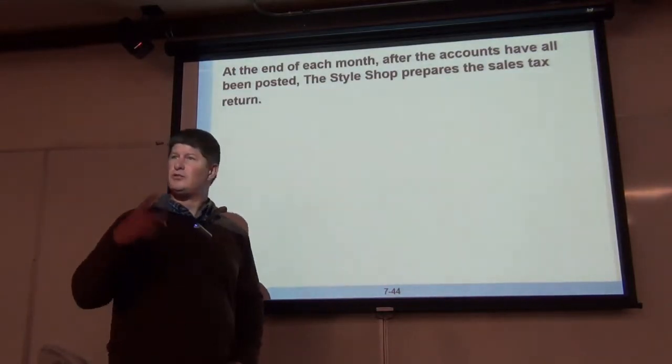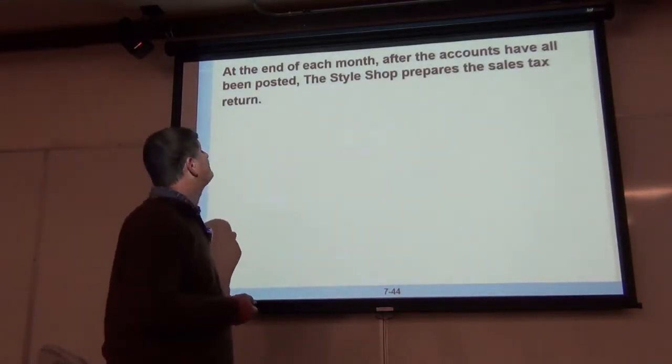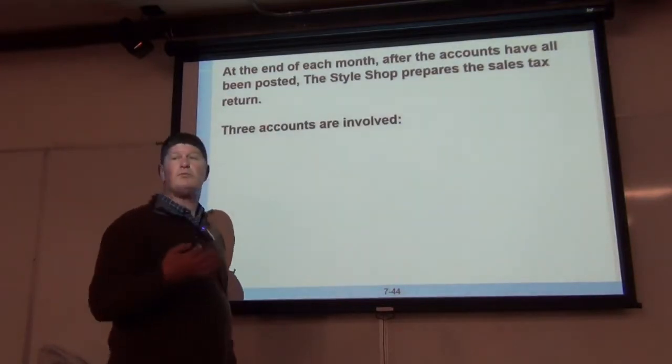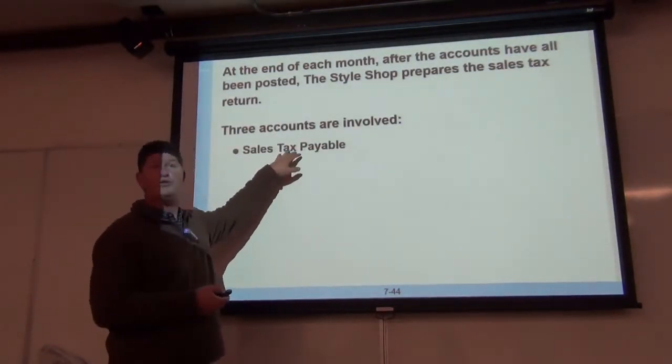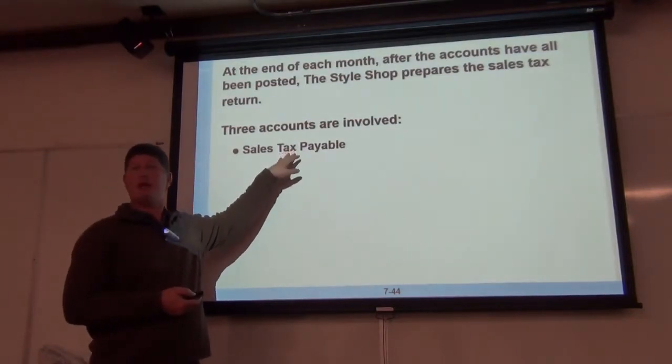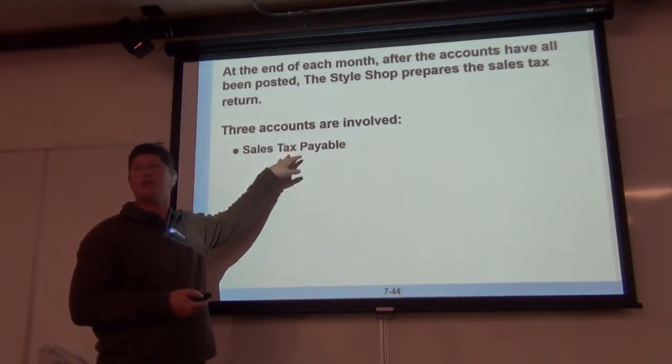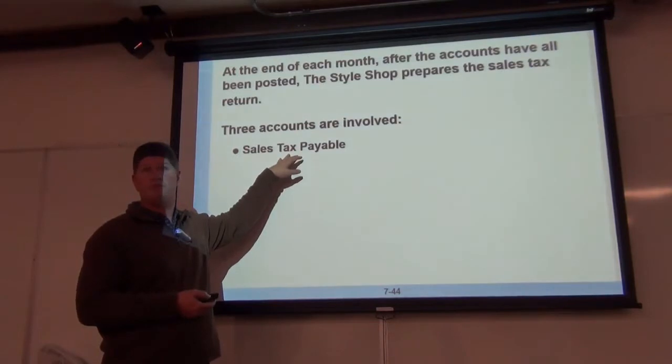You need a whole person just to track all the sales tax and send in checks. So let's assume monthly. You've got to fill out a sales tax return. We've been tracking all this in the sales tax payable account, so we know what the balance is, right? What we owe is the balance in that liability account. It's a credit balance.